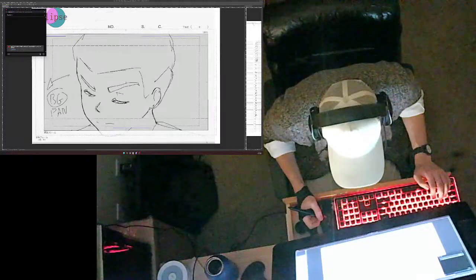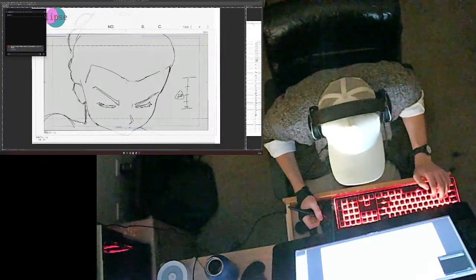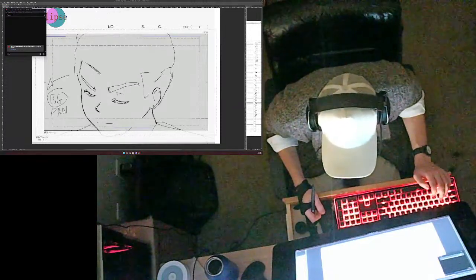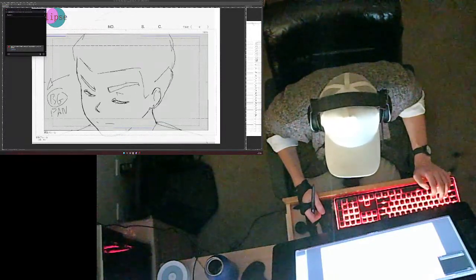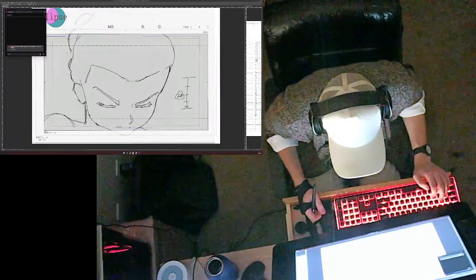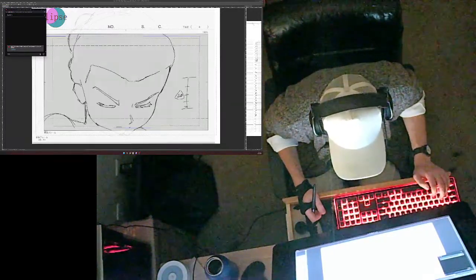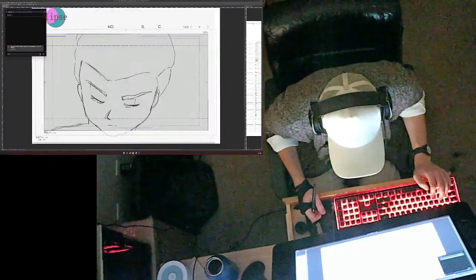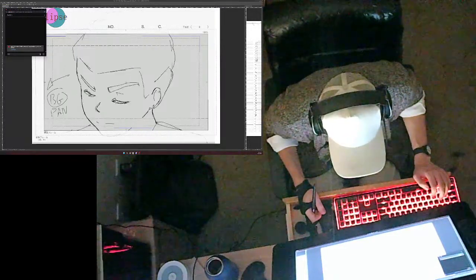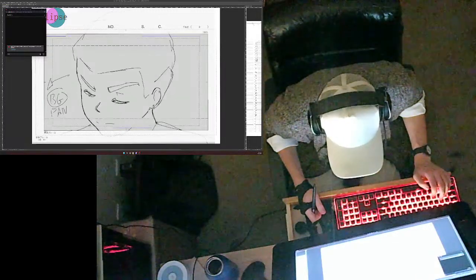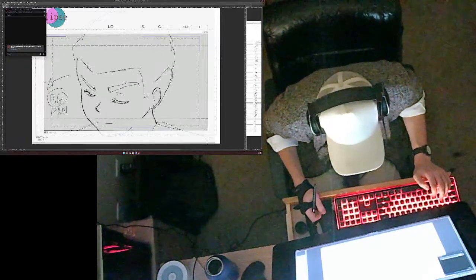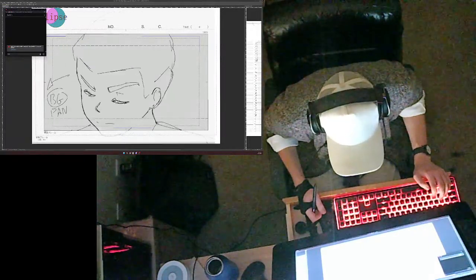Right now I'm working on this in-between, so this pose is an in-between between 28 and 27. So 27 is a key and 28 is a breakdown. And I'm just trying to get these three drawings to work together. And so far I'm liking what I'm seeing, but I think it still needs some refinement.